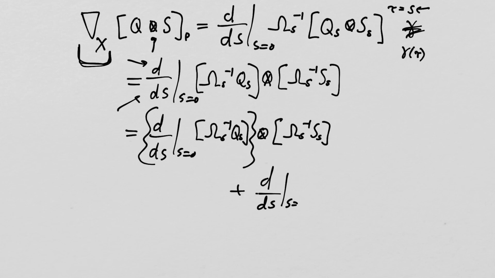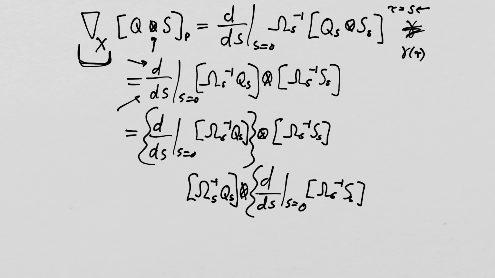Sorry, erase that. Inverse SQS tensor product brace DSS equals 0 of S inverse S at S, like this, right?